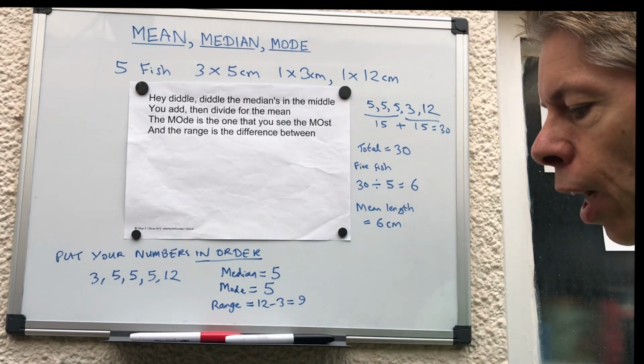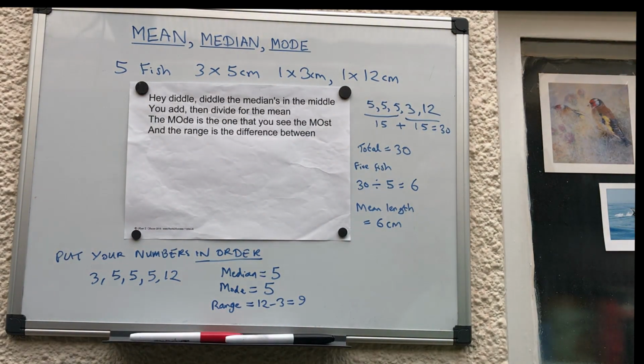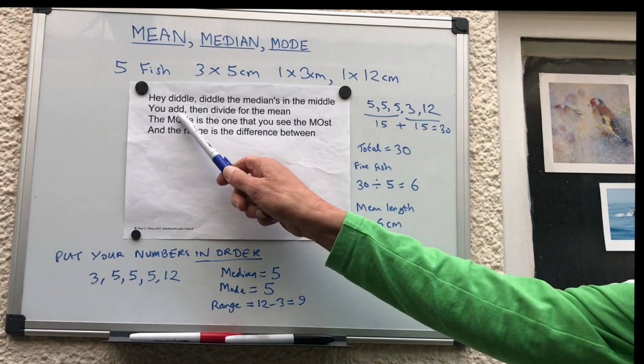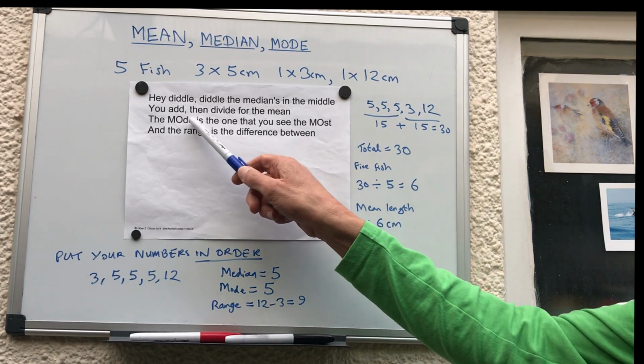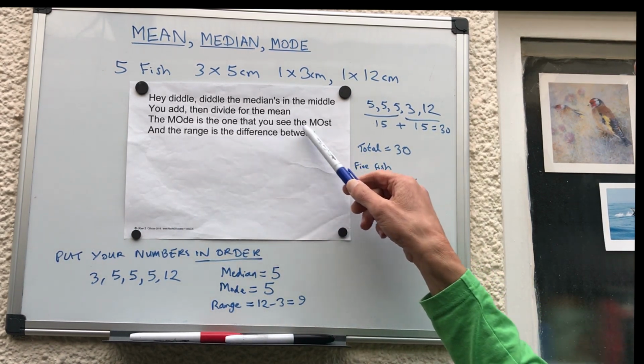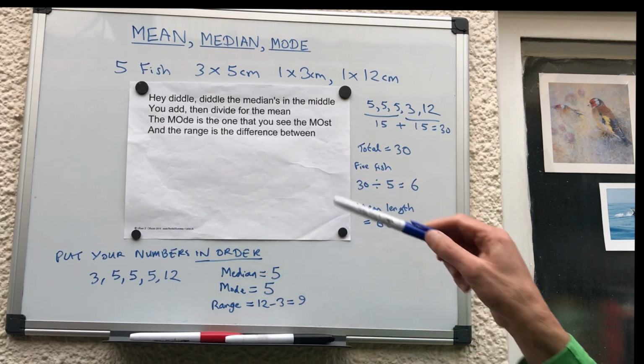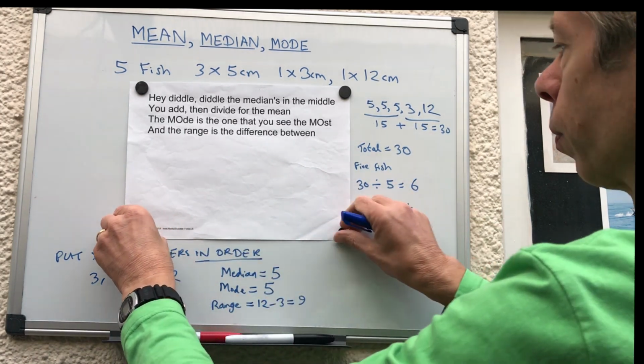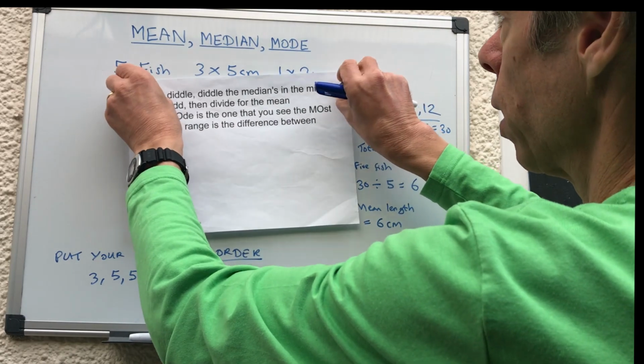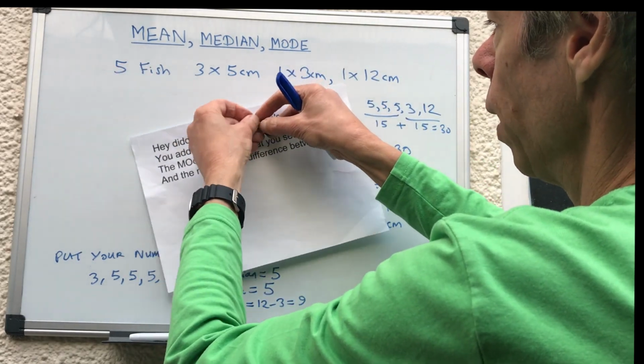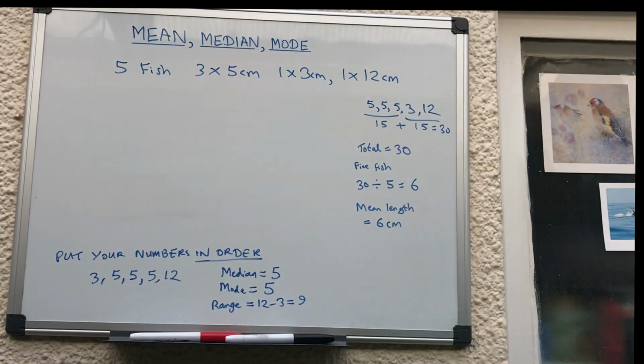Okay, so total 30, 5 fish, 30 divided by 5, you get 6 centimetres. Okay, so we're going to do a little test in a minute, so just remember this. Hey diddle diddle, the median's in the middle, you add and divide for the mean. The mode is the one you see the most, and the range is the difference between. Okay, so let's clean the board up a bit and then try the test.